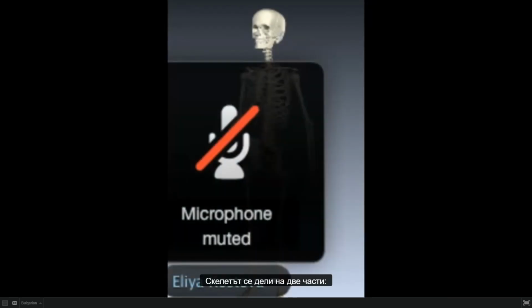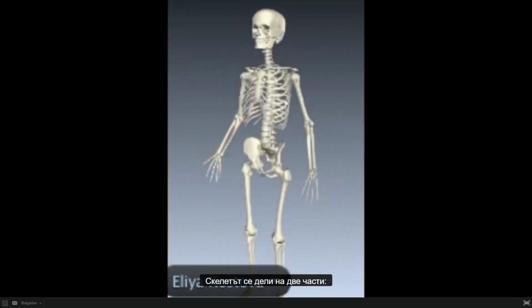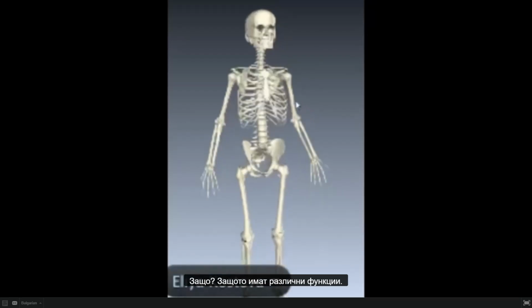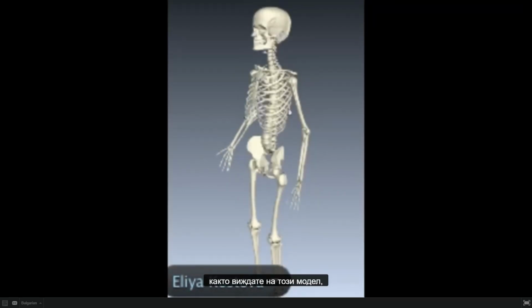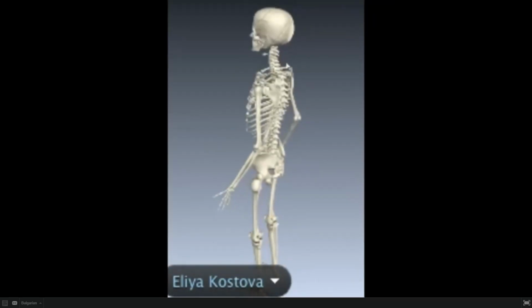The skeleton is divided into two parts: the axial skeleton and the appendicular skeleton. What is the meaning of that? Because they have different functions. The axial skeleton is formed by, as you may see in this model, the vertebral column.